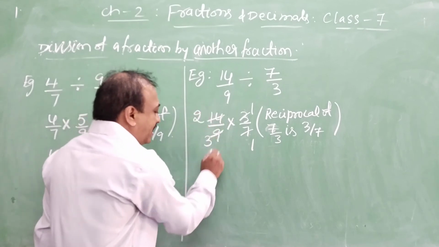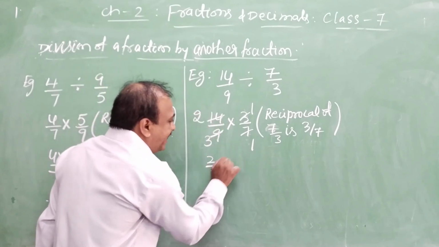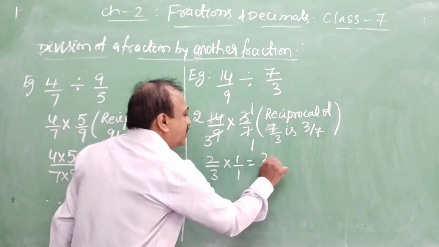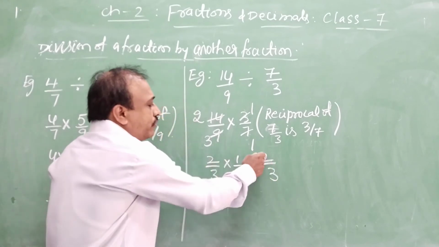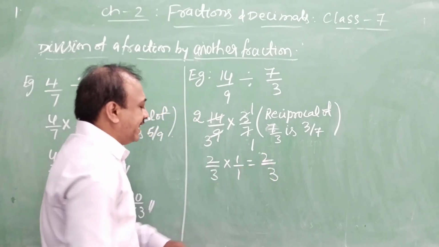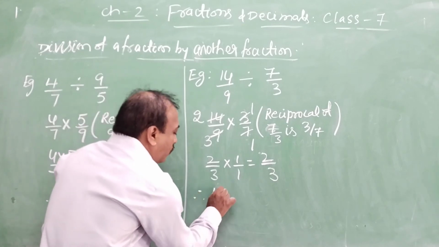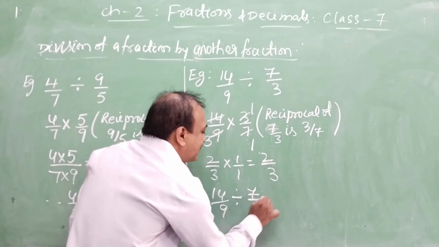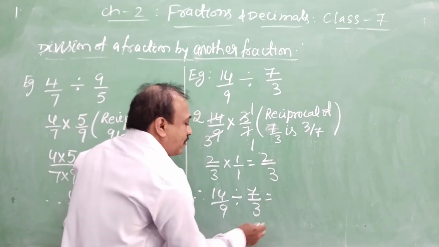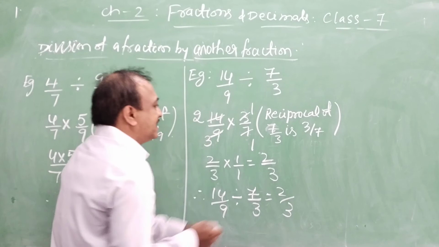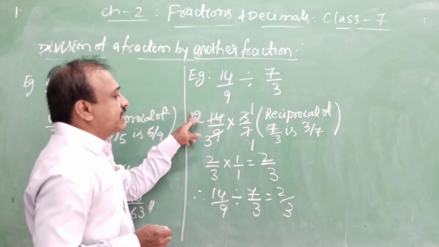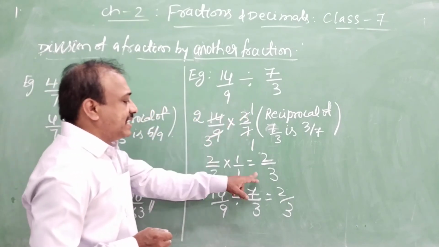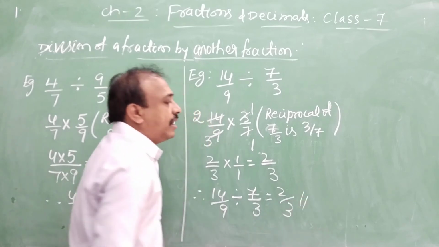What is left over here? 2 by 3 into 1 by 1, which is equal to 2 by 3. Therefore, 14 by 9 divided by 7 by 3 is equal to 2 by 3.